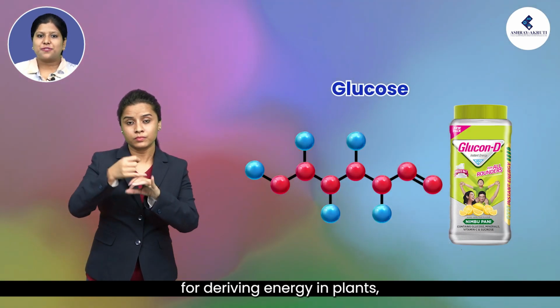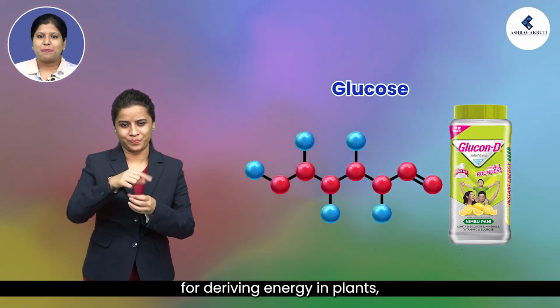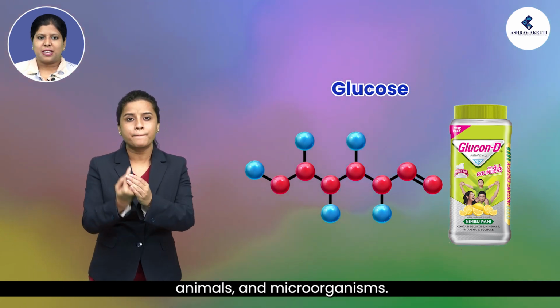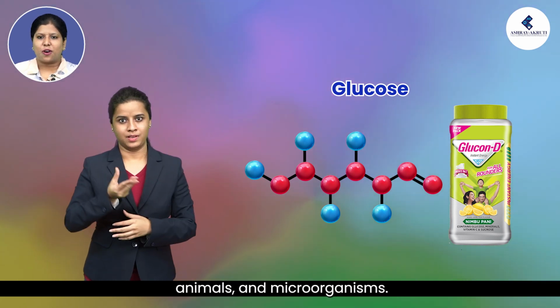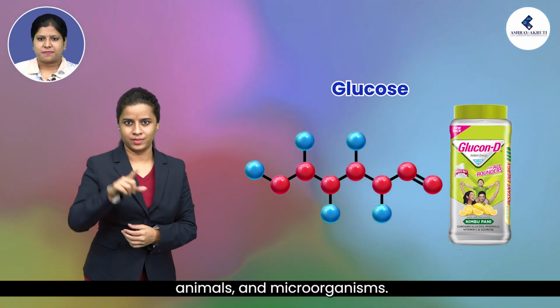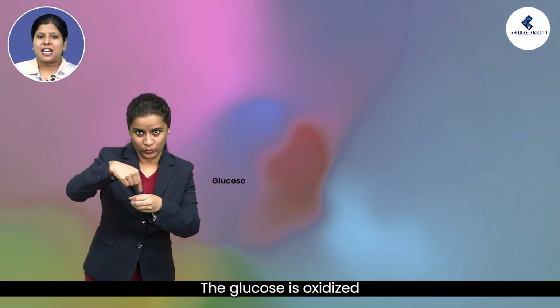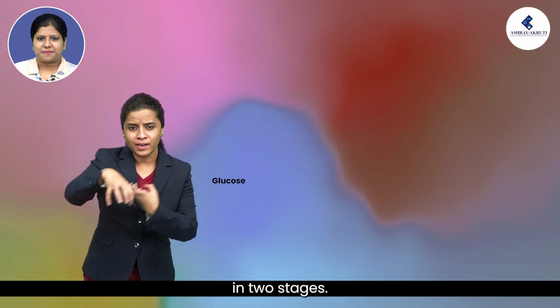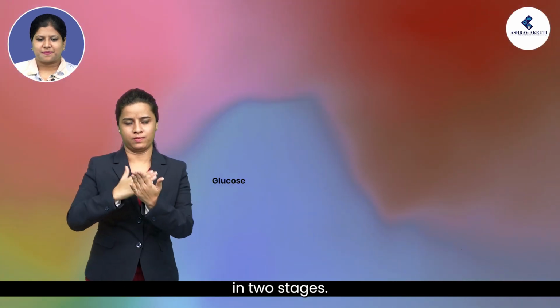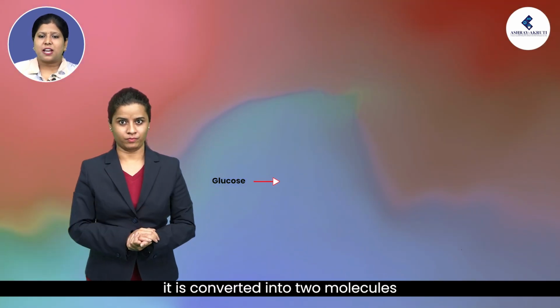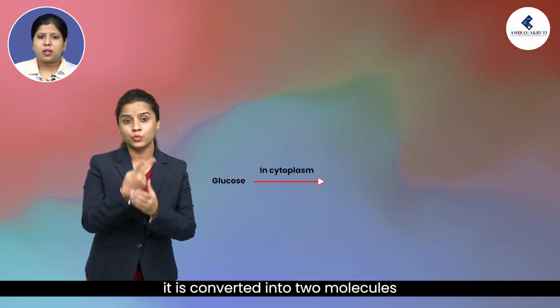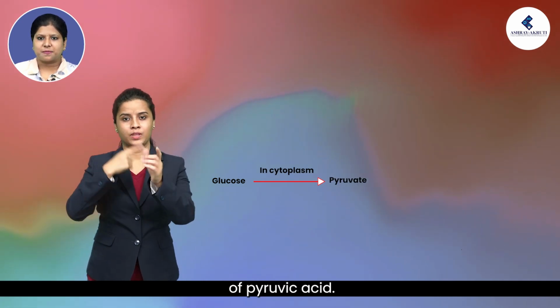Glucose is the source for deriving energy in plants, animals, and microorganisms. The glucose is oxidized in two stages. First, it is converted into two molecules of pyruvic acid.